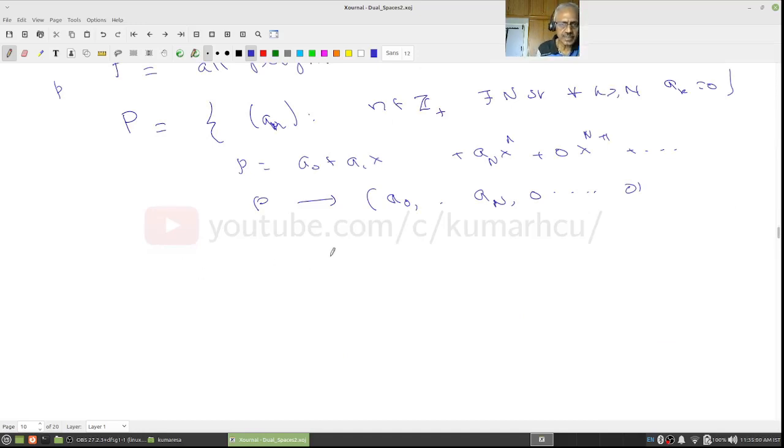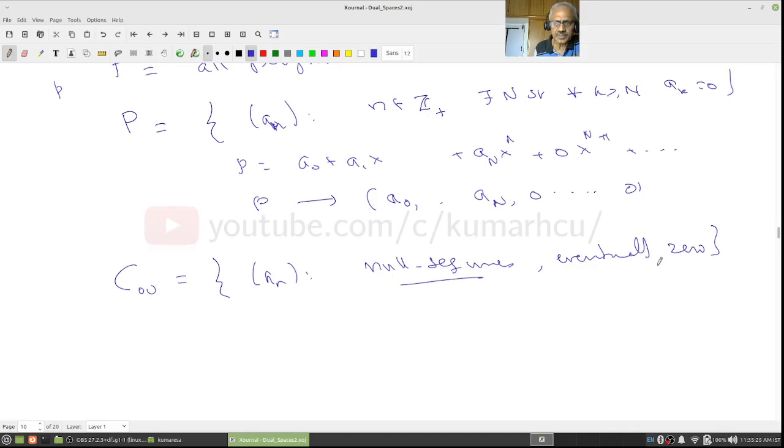Okay. If you don't like that, let us look at C00, equal to all sequences a_n that are all null sequences, and eventually 0. Of course, it will not be an automatic null sequence.